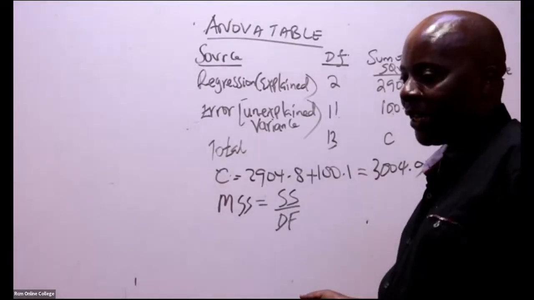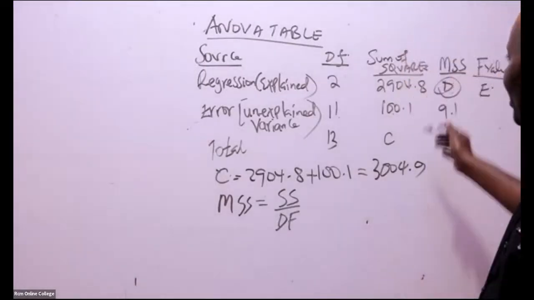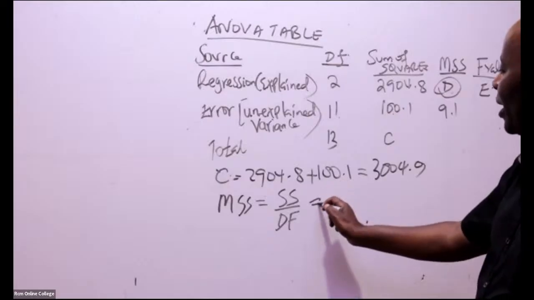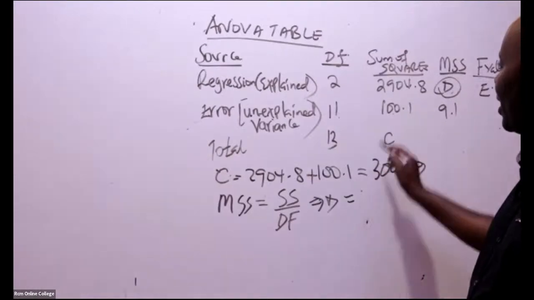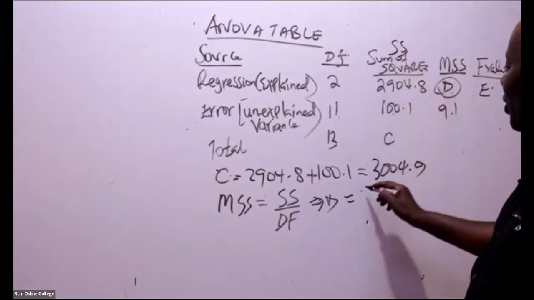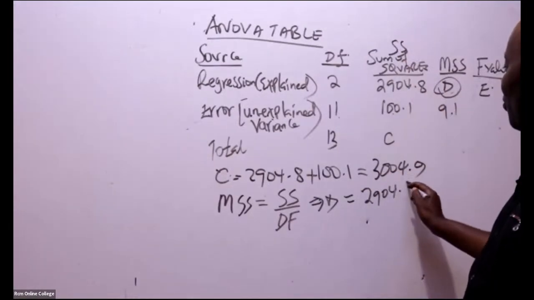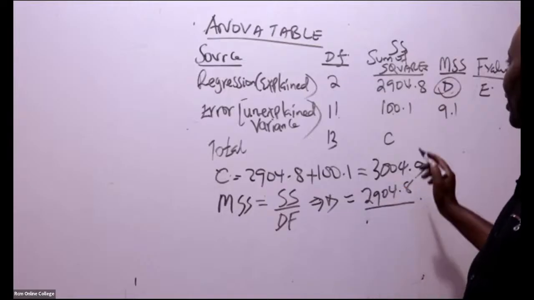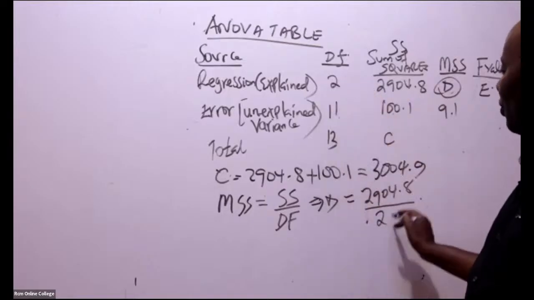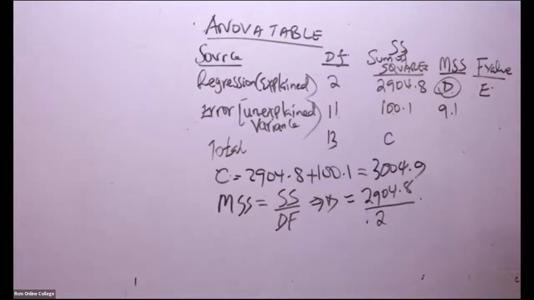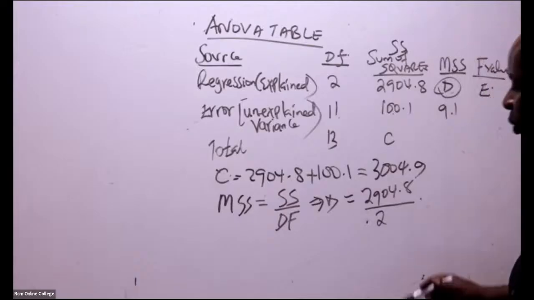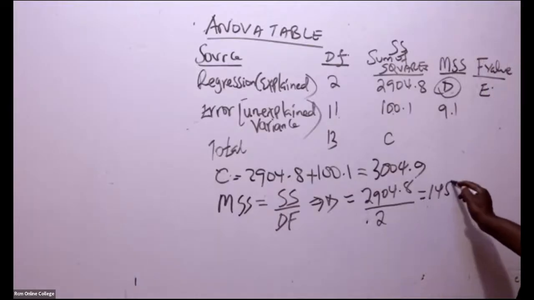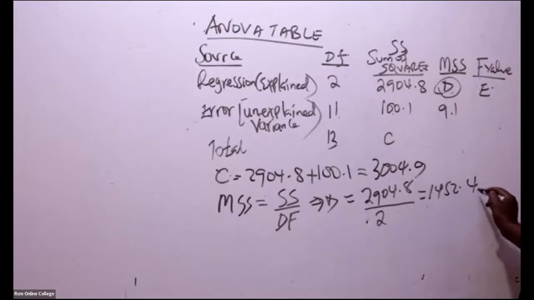For D, you will take 2904.8 and divide it by the corresponding degrees of freedom, which are 2. Already somebody has an answer. They are telling me it is 1452.4, like that.